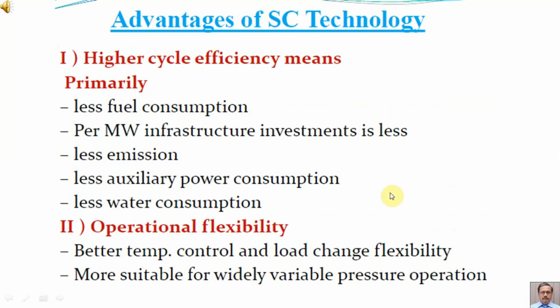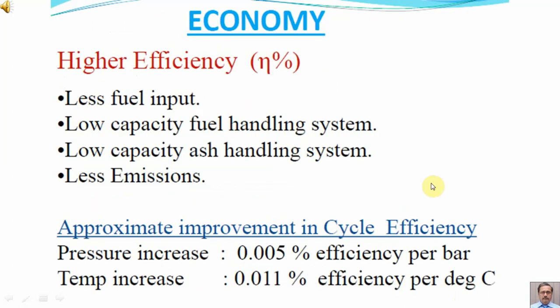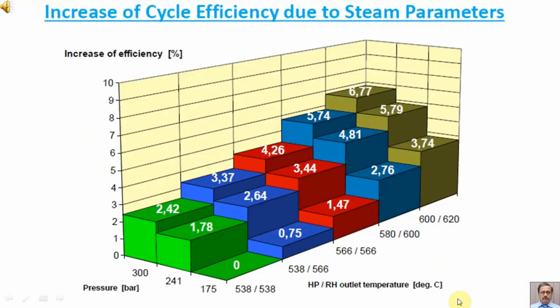Advantages of supercritical technology. The main point to be noted is less fuel consumption. Economy. In case of supercritical steam generation, the main point to be noted is higher efficiency and less fuel input. Increase of cycle efficiency due to steam parameters.